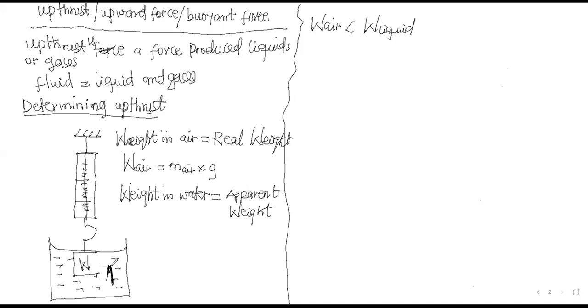So we have an upward force acting against the weight of the object, W. So U is in the upward direction, W is in the downward direction. So the upthrust counters the weight and so reduces it a little bit. So the weight of the object in water is less than in air because of the upthrust.